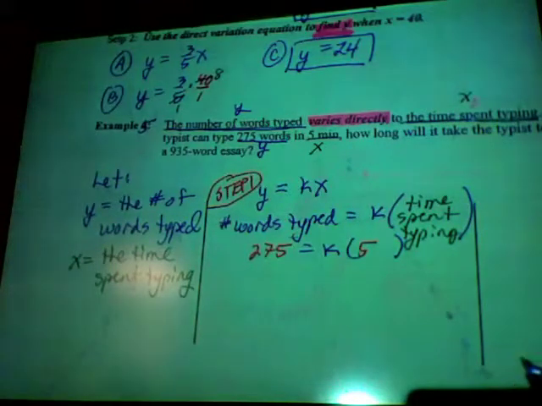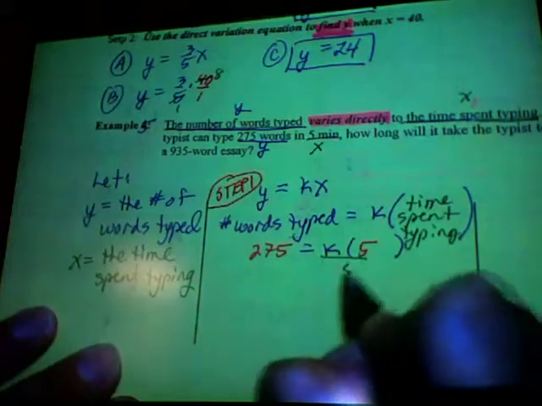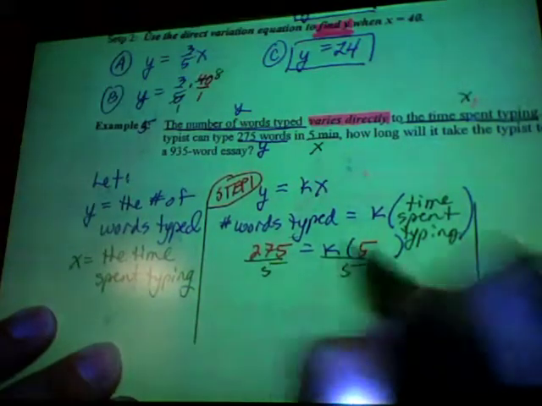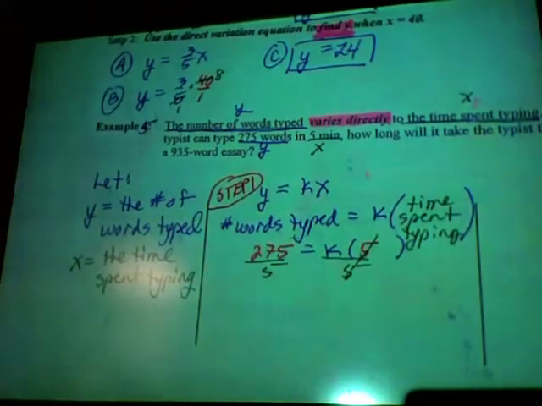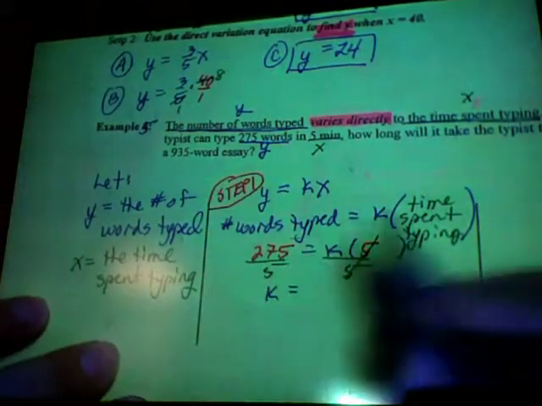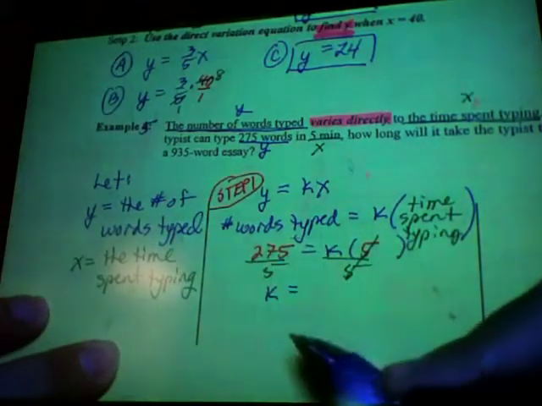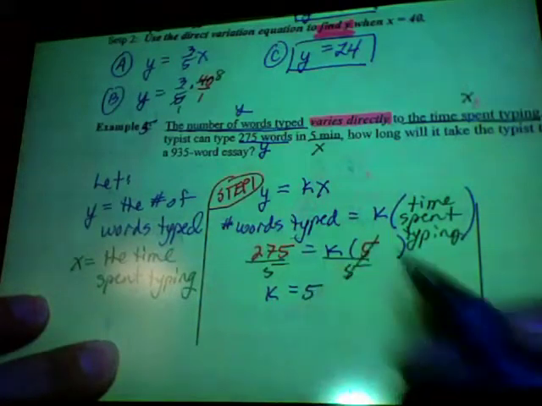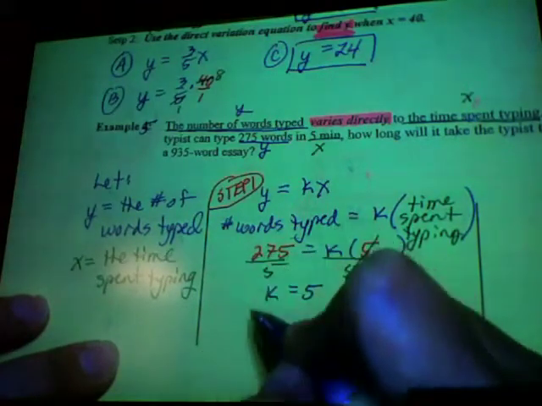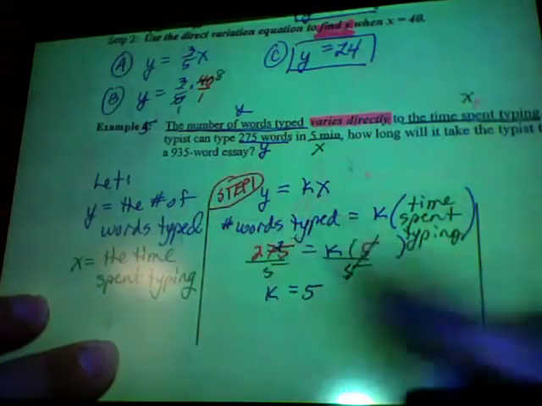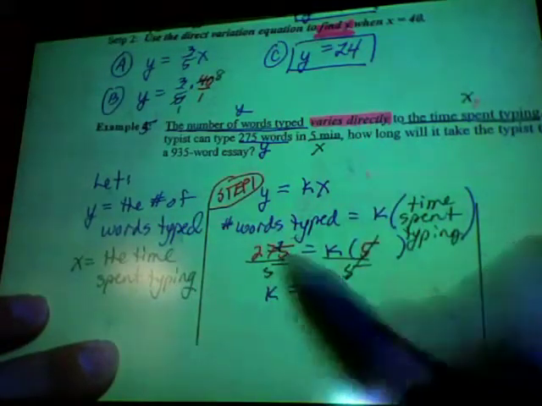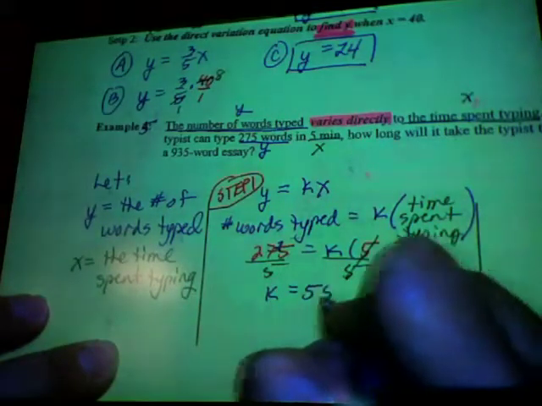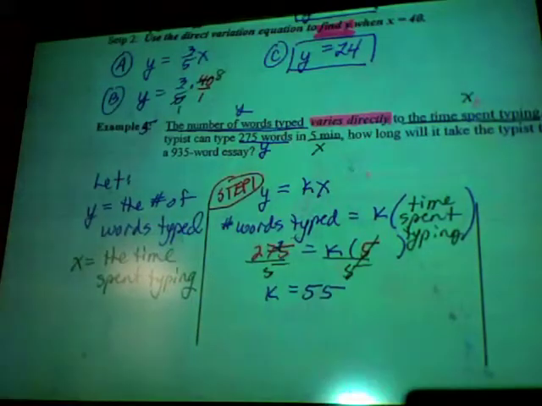Okay. But then that means that k is 55. So k is equal to 5 goes into 27 how many times? 5 times. What's left over? 27 minus 25 is 2. So I'm going to put a little 2 here. How many times does 5 go into 25? 5 times. So k is 55, right?